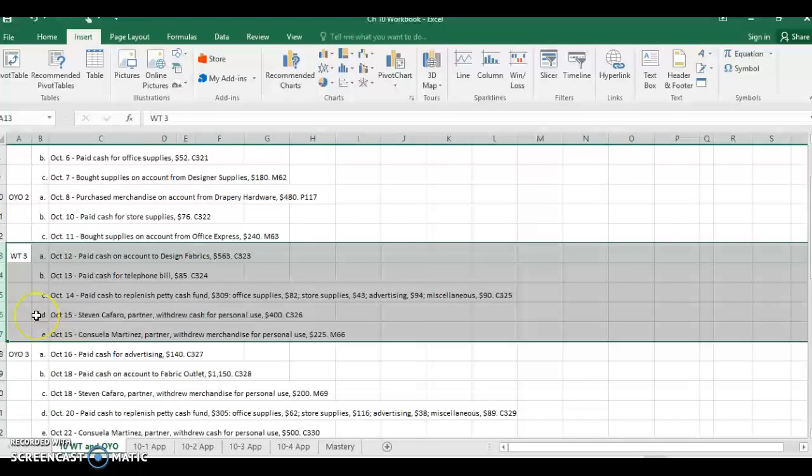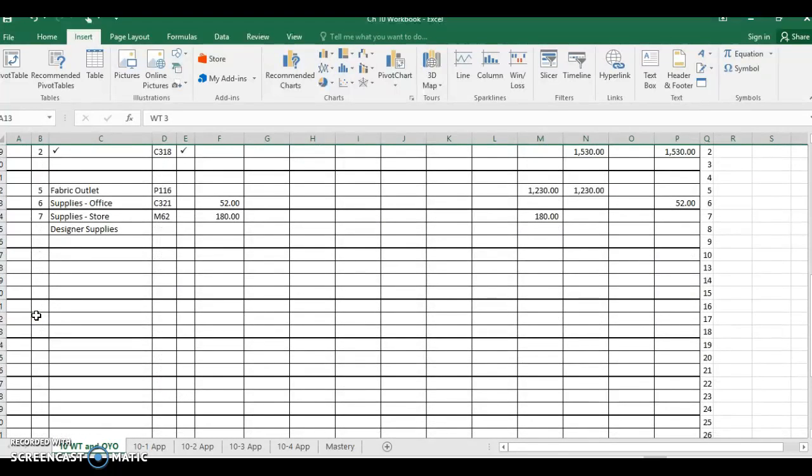So let's scroll down and take a look at our first one. Okay, so we are working on line number 13. The rest should be filled in up to this point for sections 1 and 2. And starting on line number 13, we're going to have October 12th, where we paid cash on account to Design Fabrics.